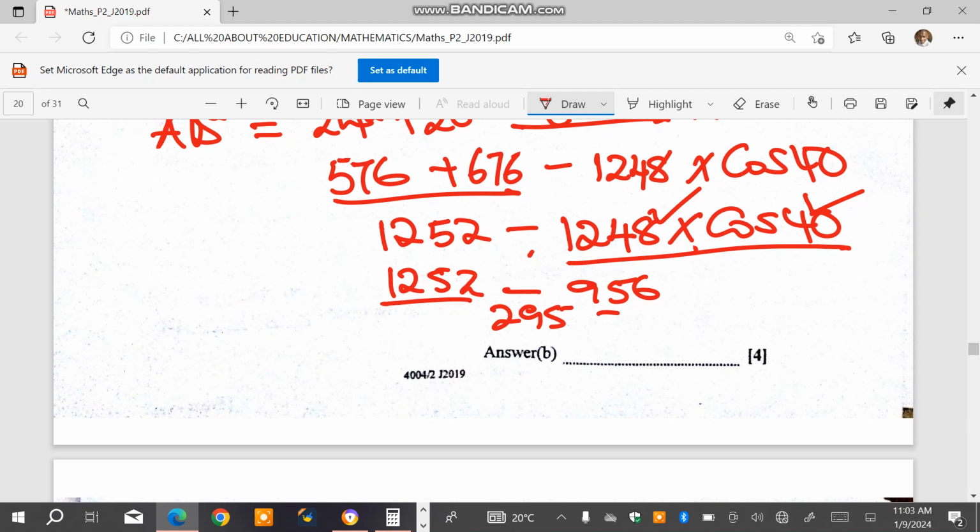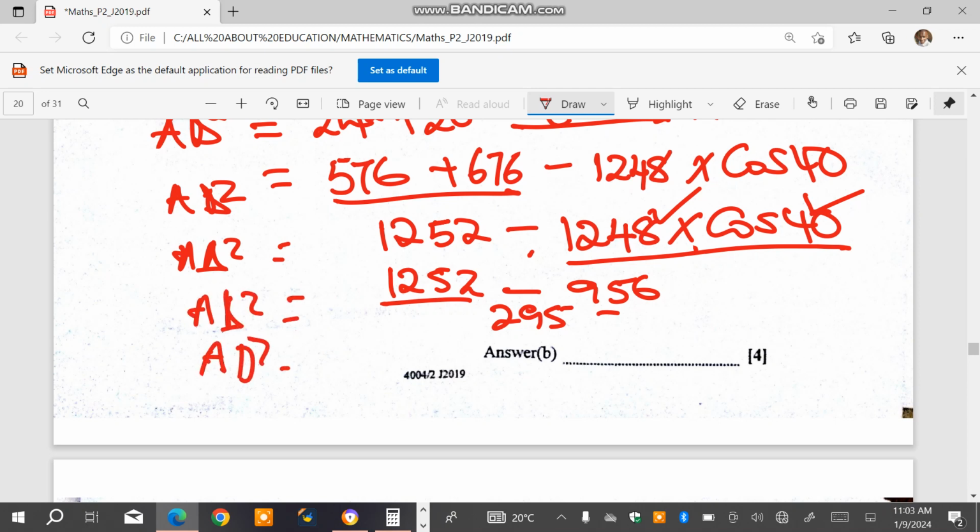This is AD squared, guys. So you're going to remove this power 2 by finding the square root on the other side.